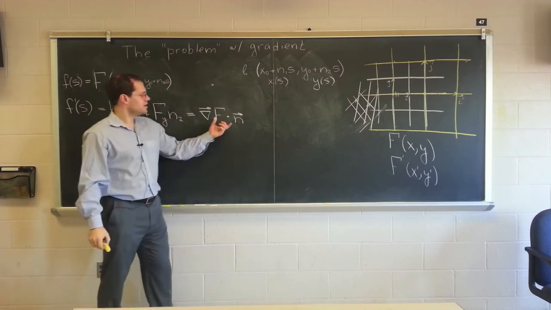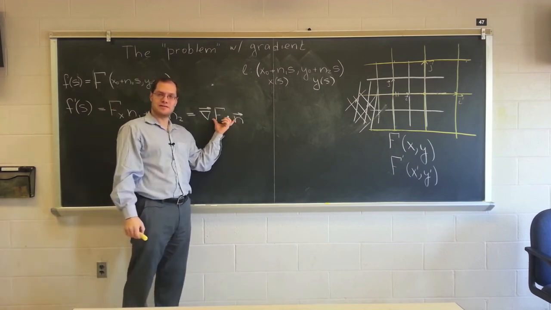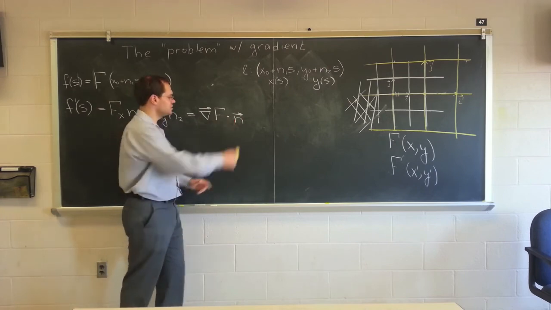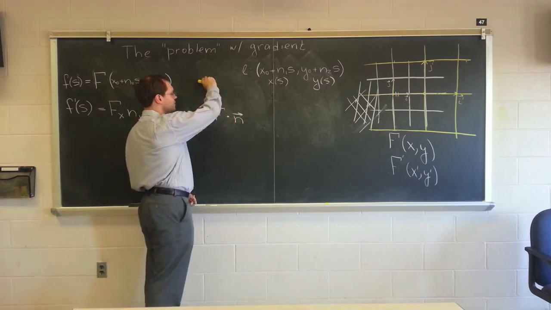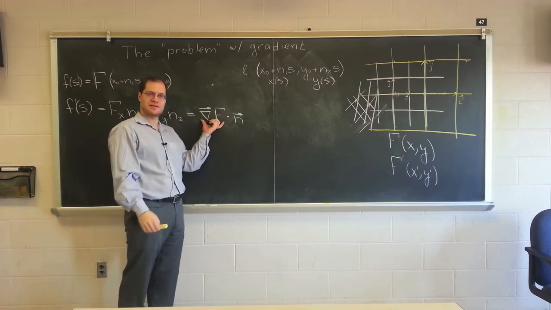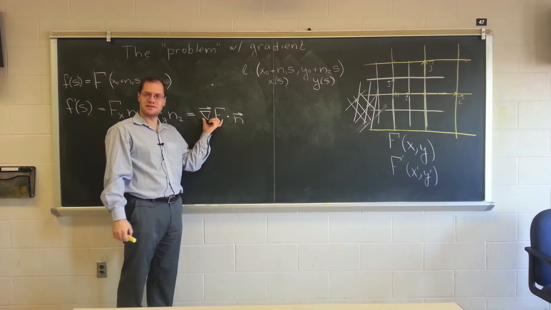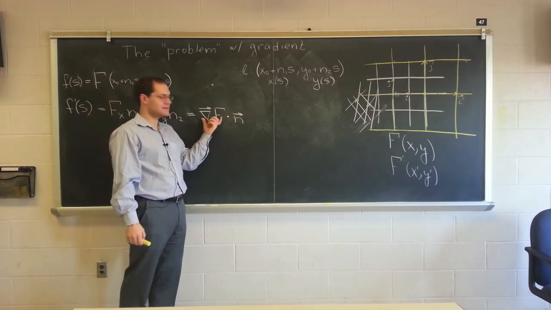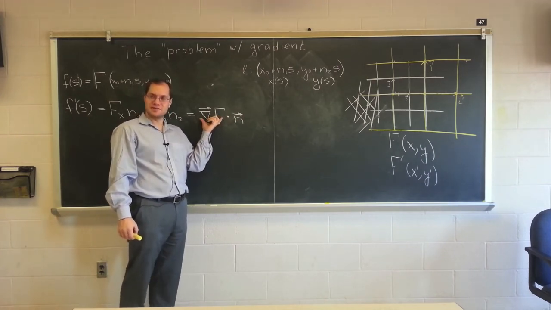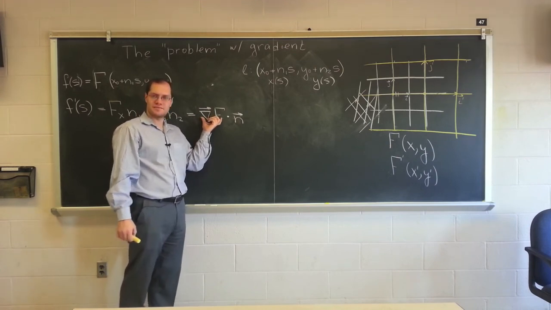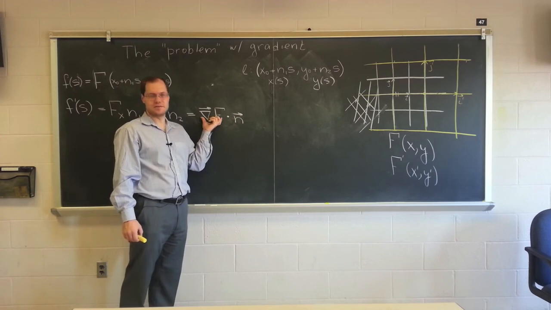And the cosine of the angle is the largest when the angle is 0. So in other words, when the direction that we're interested in points in the direction of the gradient. And then the dot product equals the length of the gradient, which proves that the direction of greatest increase is the gradient, and its length equals the rate of greatest increase.